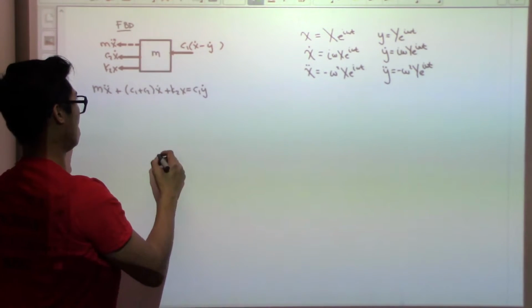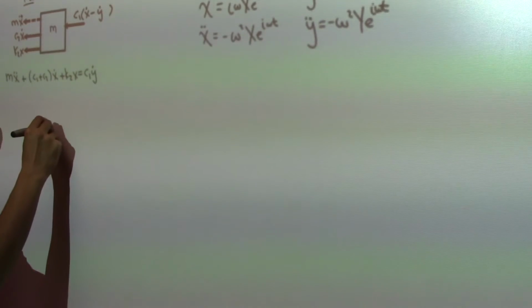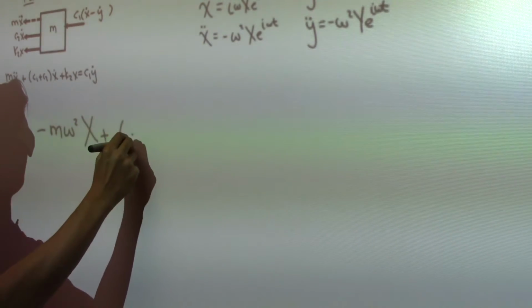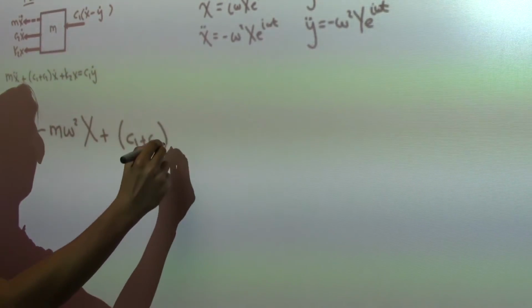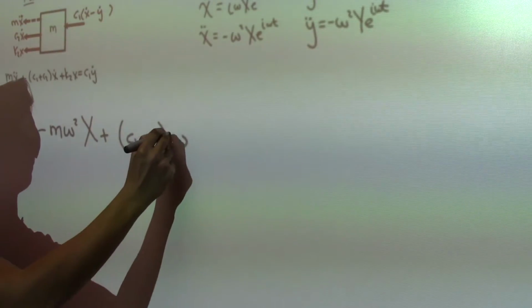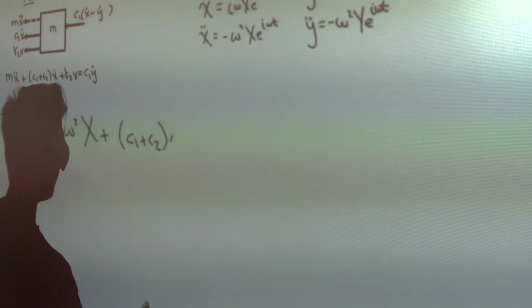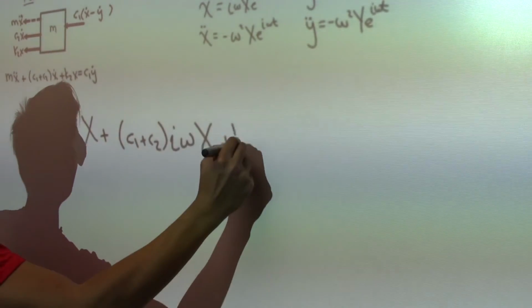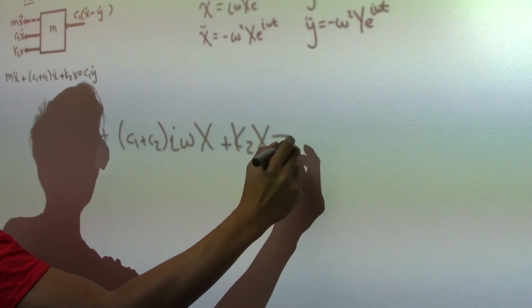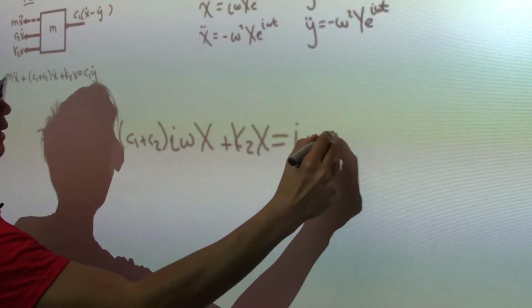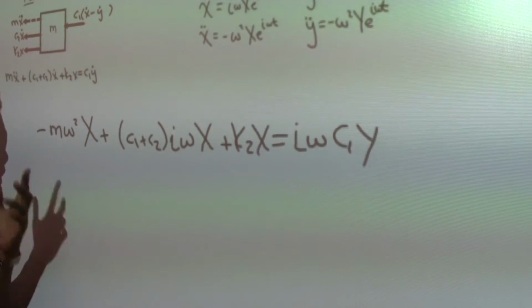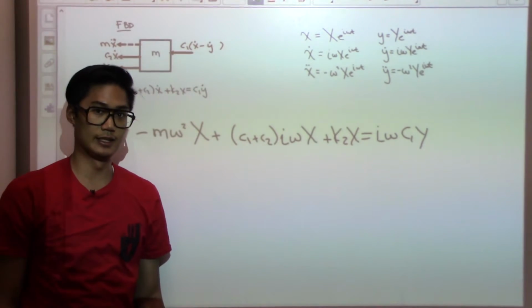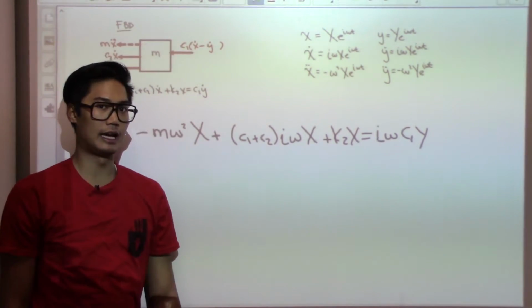This equation will end up becoming minus m omega squared X plus (c1 plus c2) i omega X plus k2 X is equal to i omega c1 Y. Here's our equation, and now what we want to do is isolate for X, and we're going to get the steady state value for x.